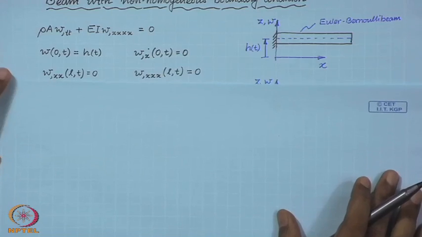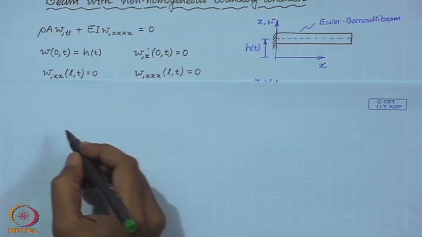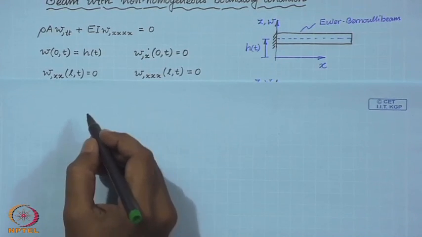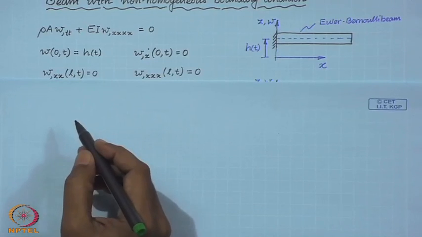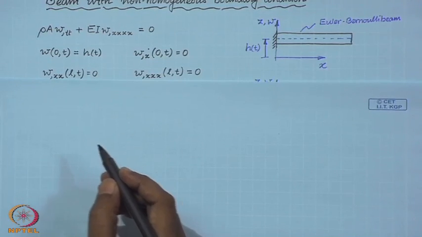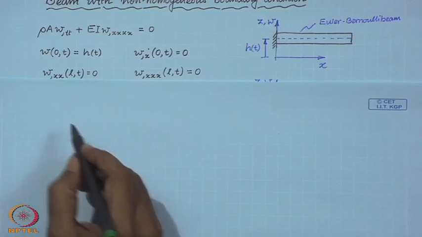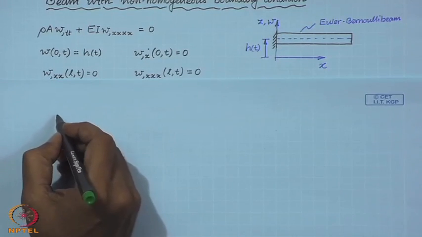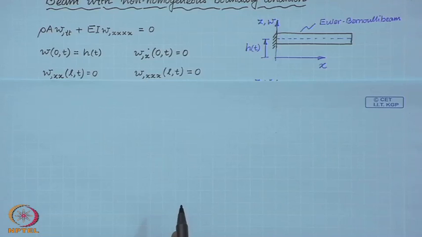So, let us look at this problem first. We have this cantilever beam with base excitation. Now, let us try to make a transformation of variables.